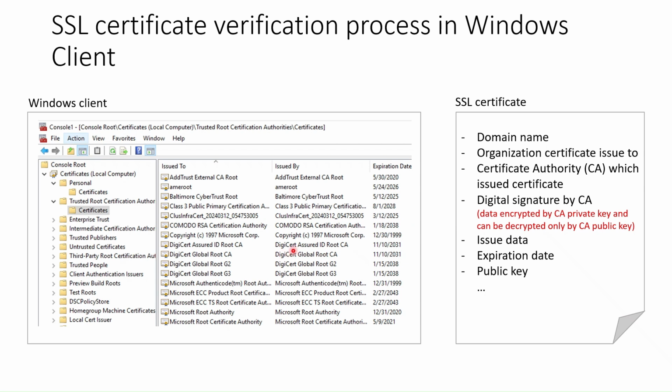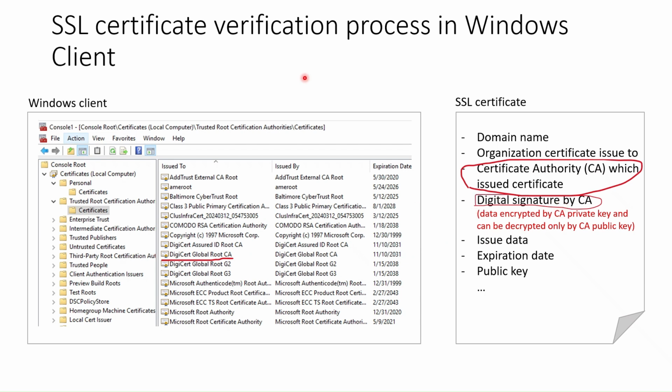Let's say DigiCert Global Certificate Authority provided you a certificate. So in your certificate, the name of this authority is mentioned. When this Windows client machine gets this certificate, it directly finds this authority in the list, gets its public key and decrypts this digital signature.